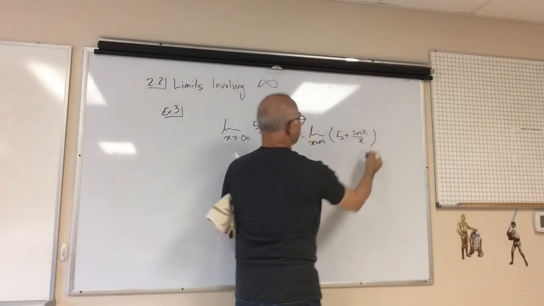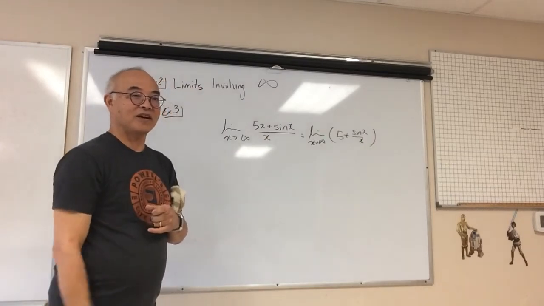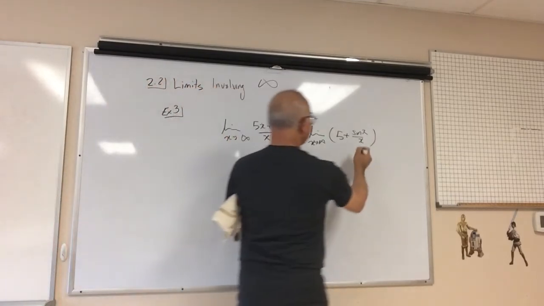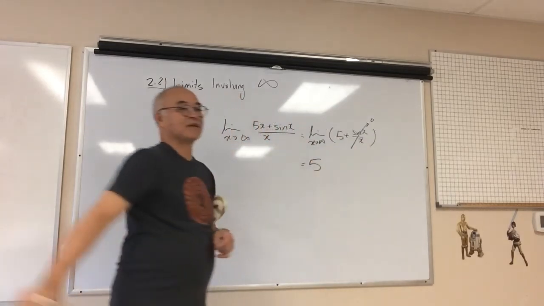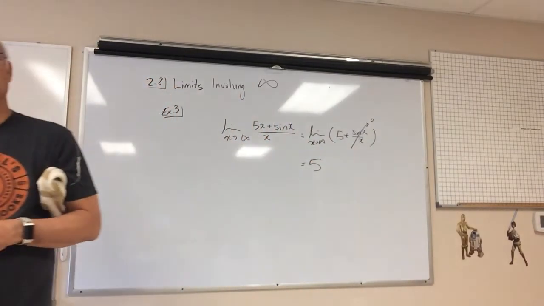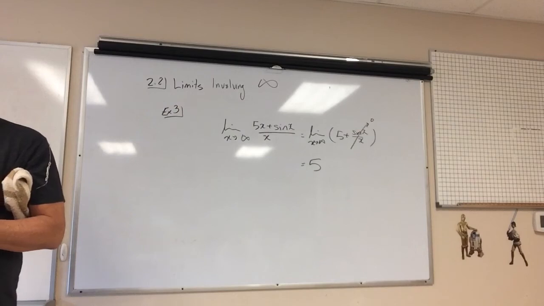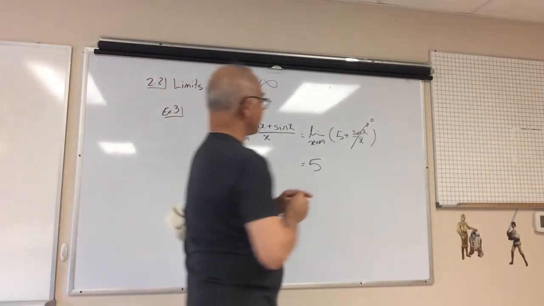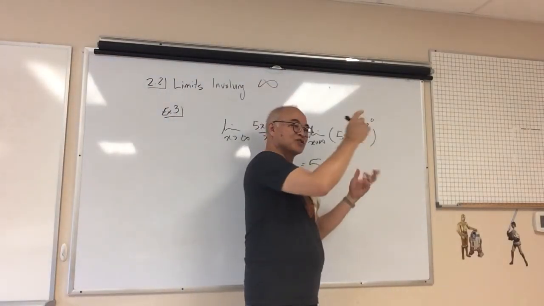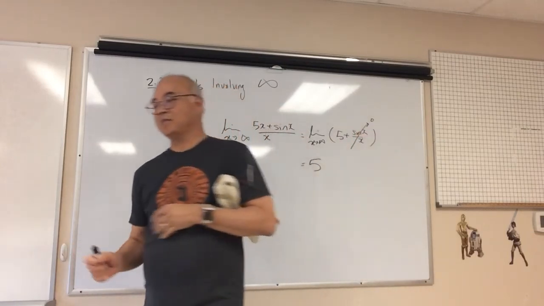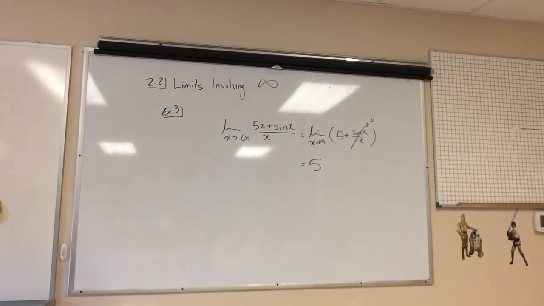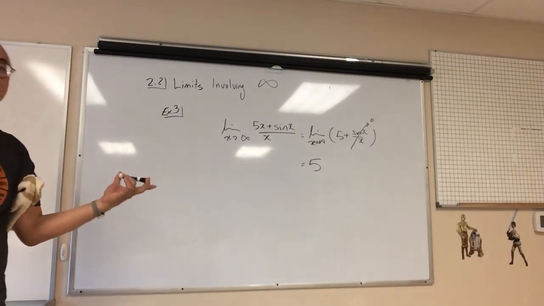We know that this guy went to 0, because we did the squeeze theorem. So we still have the 5. The limit of 5 is unaffected by x, because it's just the number 5.